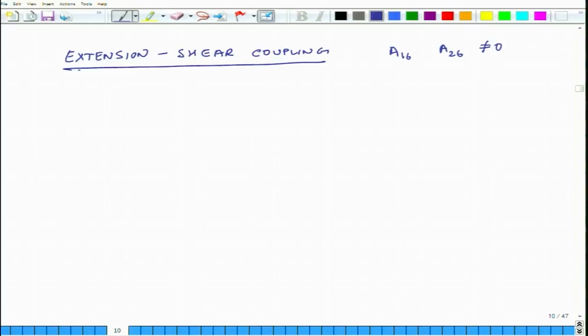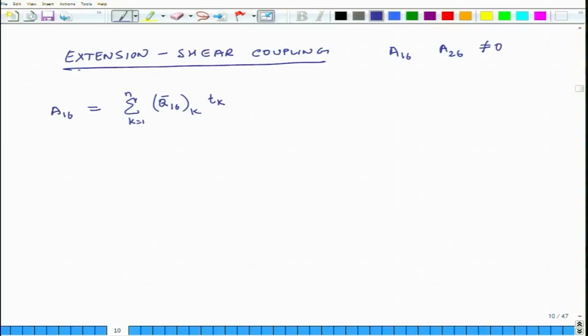Now, A16 is what? It is equal to the sum of Q16 bar for the kth layer times the thickness of the kth layer, and k is equal to 1 to n.